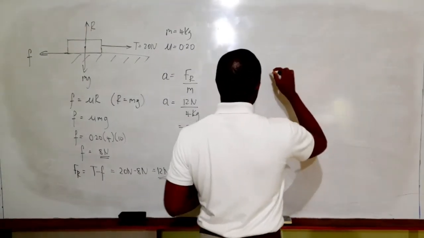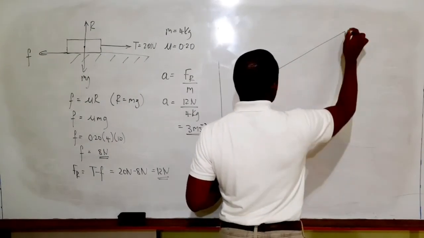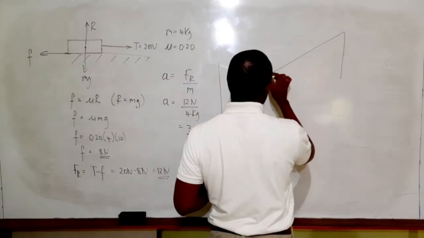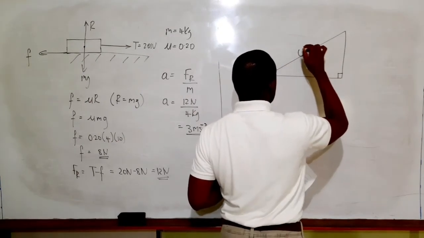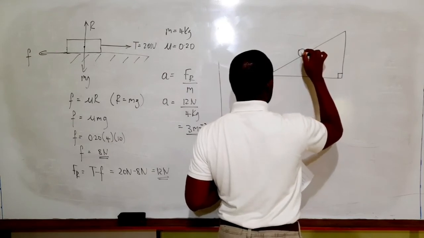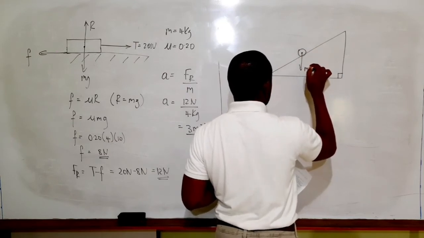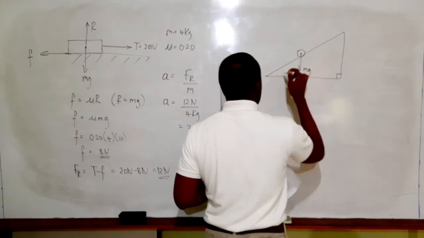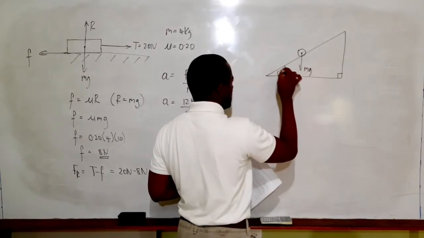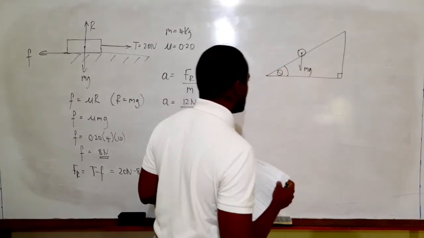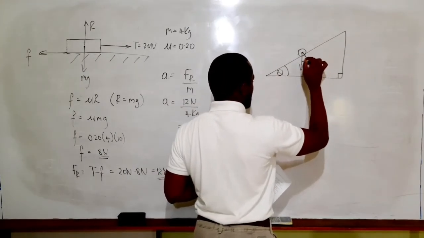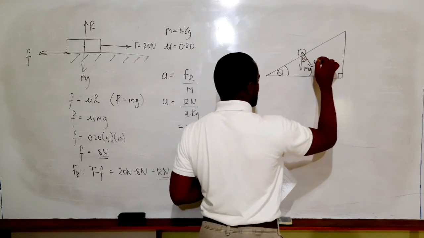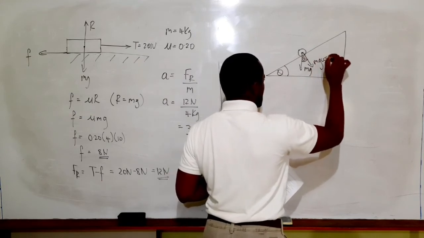So we have a plane and there's a particle sliding down the plane. The particle has weight mg. Now there's an angle theta to the horizontal, and this angle will also be theta, and this would be mg cos theta.